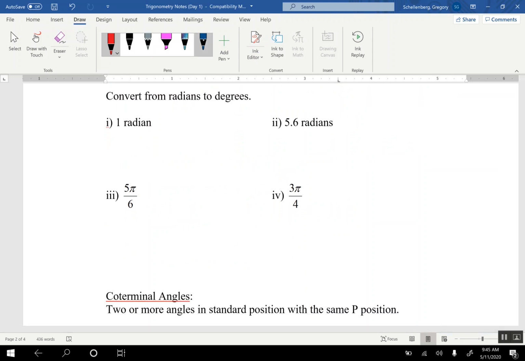Okay, converting from radians to degrees. So now we're multiplying by 180 over pi. So we'll just multiply this by 180 over pi, and if we were to plug that into our calculator, we would get something like 57.3 degrees. So next one, we're converting 5.6 radians into degrees. We're going to multiply by 180 over pi.